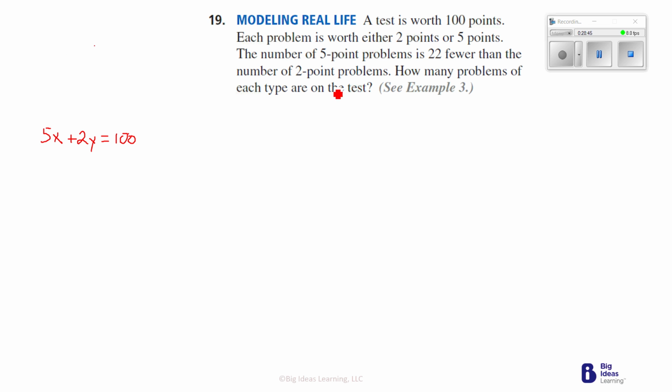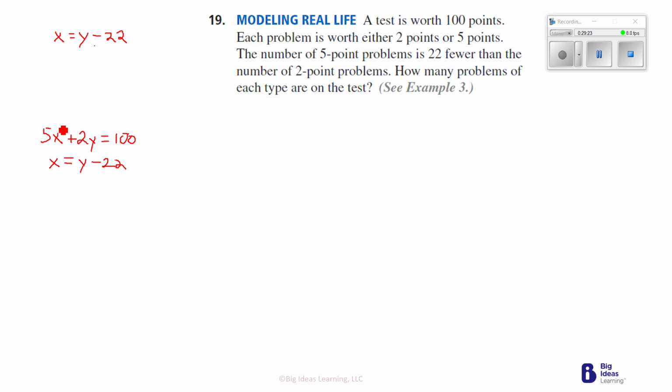So that would mean if x is my 5-point problems, x has to equal y minus 22, right? Because this is going to be equal to 22 fewer. I could have put x plus 22, I guess, but I'm choosing to do it this way. Now I can use this: x is equal to y minus 22, and now we can solve for our answer.